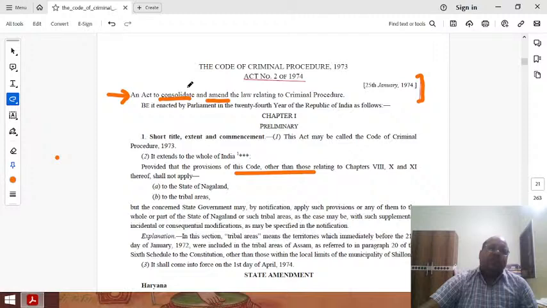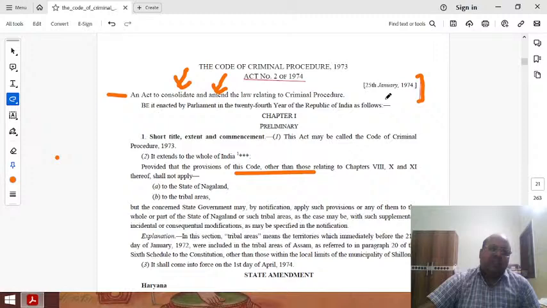So this 1974 code was made first to consolidate the law on the subject, the law relating to criminal procedure, and secondly to amend the existing law of criminal procedure which was incorporated in the Code of 1898.